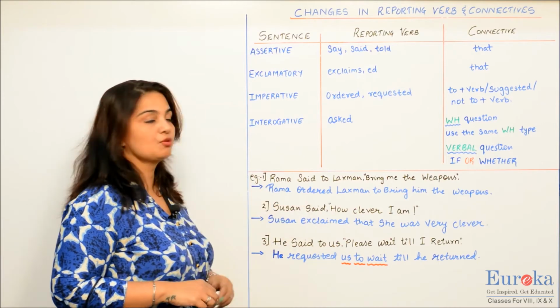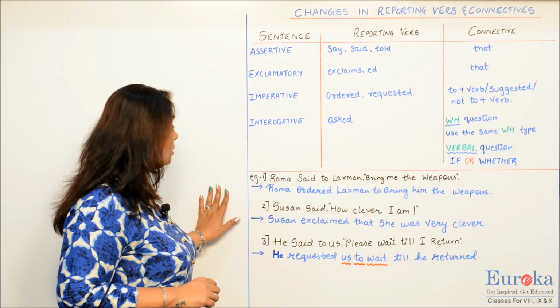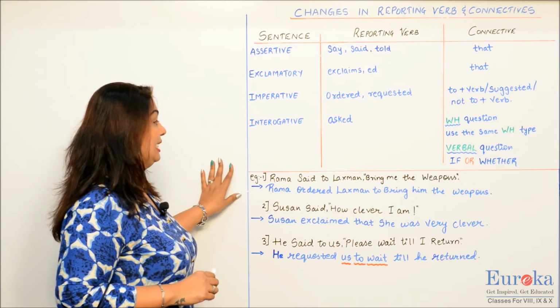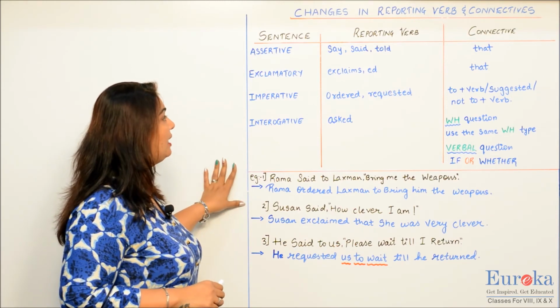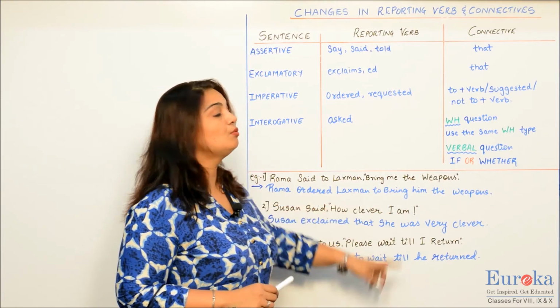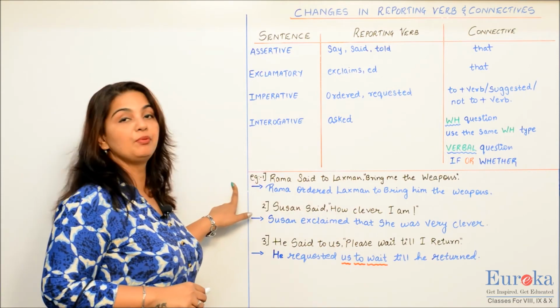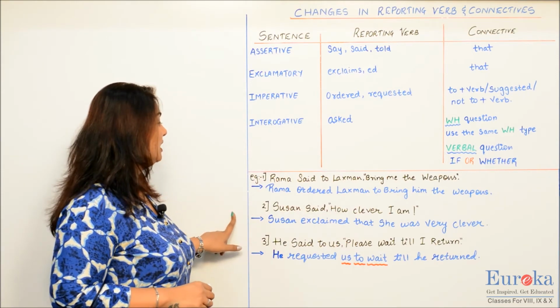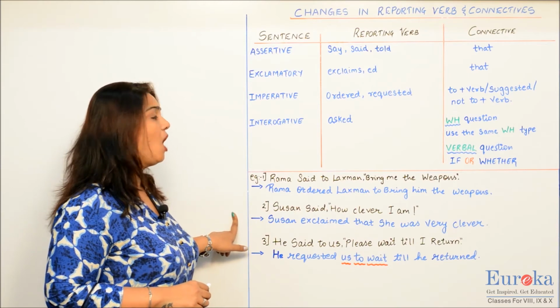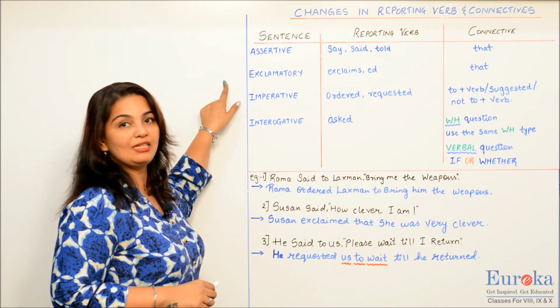Rama said to Lakshman, "Bring me the weapons." Look at the sentence. He said to Lakshman to bring him the weapons. Rama ordered Lakshman to bring him the weapons. Over here, this is an imperative sentence. The next one, Susan said, "How clever I am!" This is an exclamatory sentence.